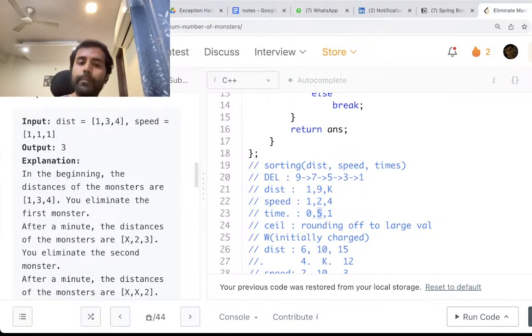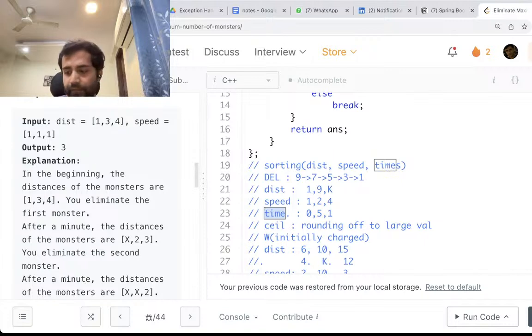I can basically do a +1. So 9 by 2 plus 1 will be 5. So does it make sense to everyone here why rounding off to a larger value is going to suffice rather than having a float array or double array?